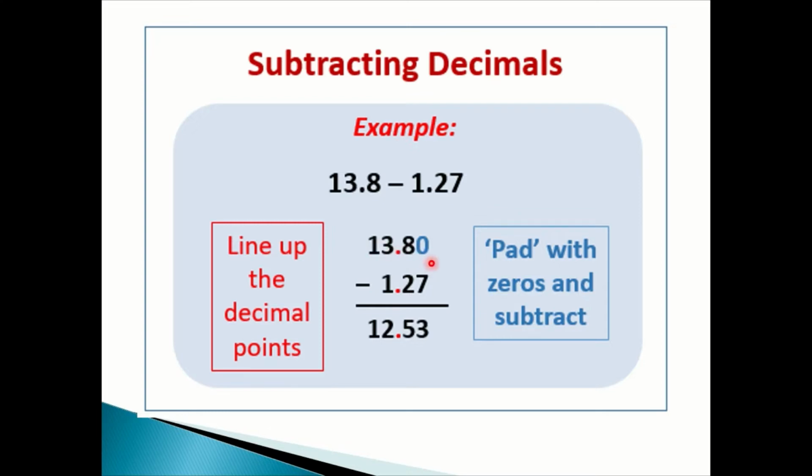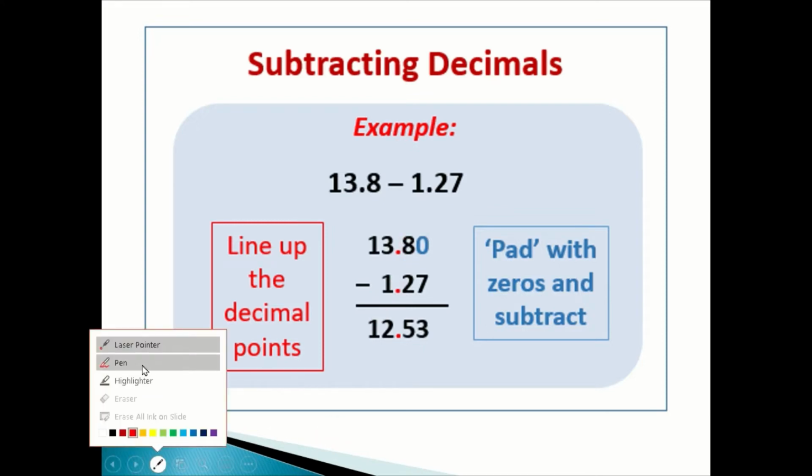Now we are ready to subtract. The process will be from right to left, okay? Subtracting from right to left, we have 0 minus 7. That's not possible, which means we're going to borrow from the left of 0, which is 8. So 8 will become 7.